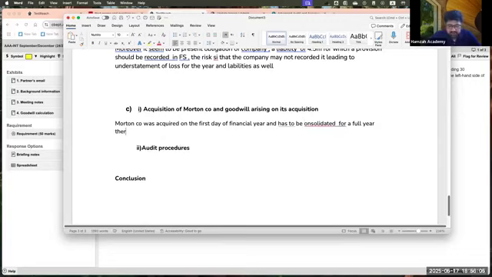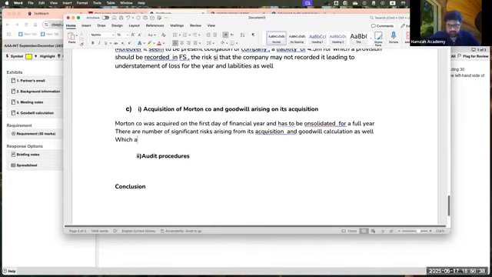So there are a number of significant risks arising from its acquisition and goodwill calculation as well, which are as follows.